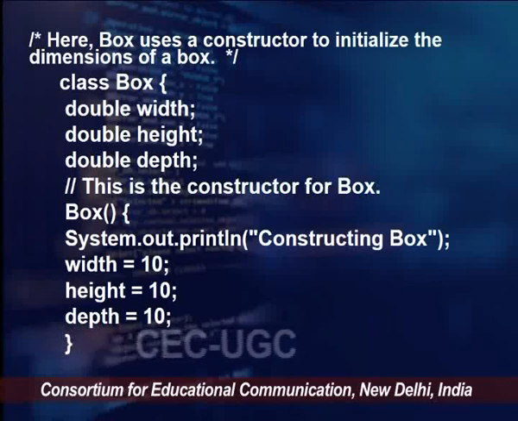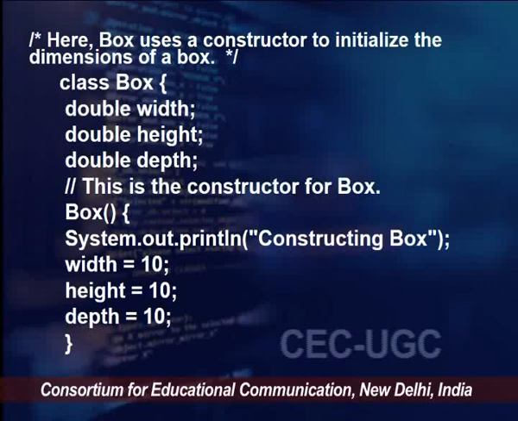So width equals 10, height equals 10 and depth equals 10. This is what your constructor is doing. Now the beauty of the constructor is that you need not call it separately. So let's see when this is going to be called.